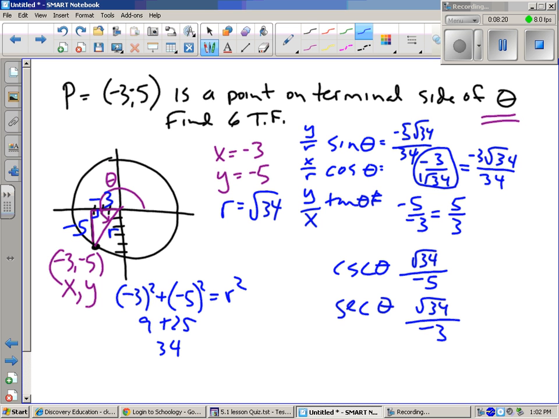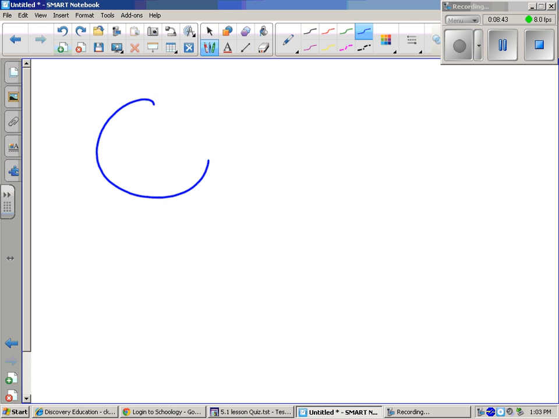Now your negative sign can go on the top or just in front, doesn't matter. And then tangent's evil twin is cotangent, flip over 5/3 and I get 3/5. Okay. All right, so that is anywhere. I don't know what that angle is. It's not one of our special angles, but we do know the ratio of its sides, so we can do all that. Now let's look at the corners.